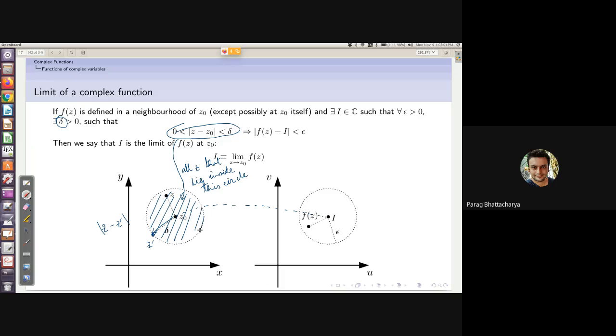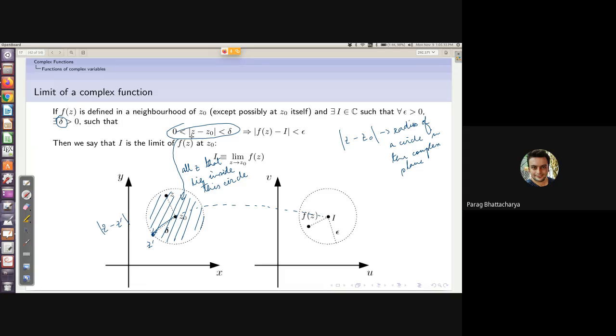This is the meaning of writing 0 less than modulus z minus z naught less than delta. Always remember that z minus z naught represents the radius of a circle in the complex plane. The radius of a circle in a complex plane can be represented as modulus z minus z naught.